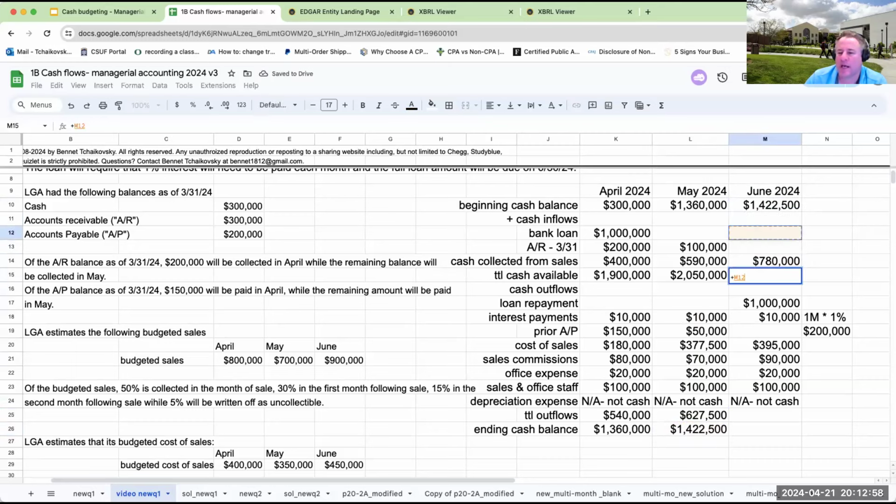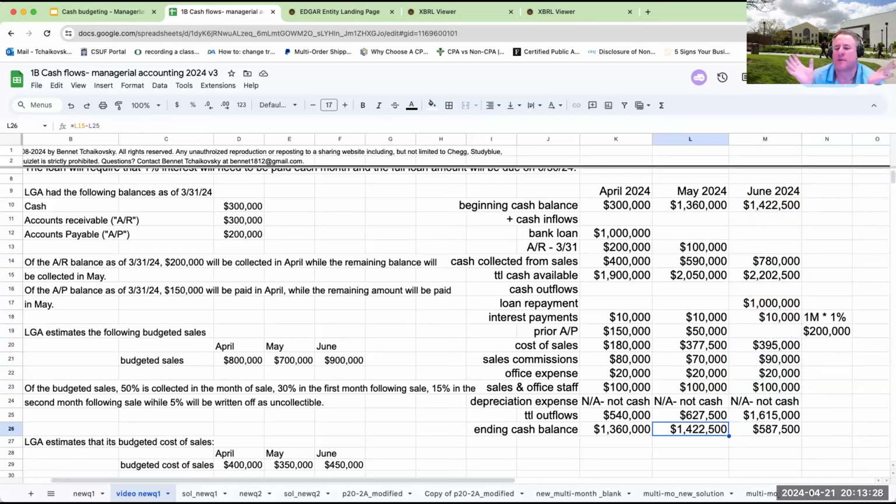My cash available is going to be 2,202,500. My total outflows are the loan repayment, the interest payments, there's no prior AP, cost of sales, sales commissions, office expense, and sales and office staff. So my ending cash balance is going to be 587,500.